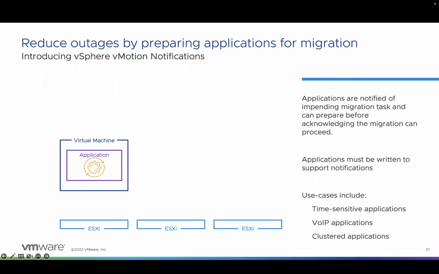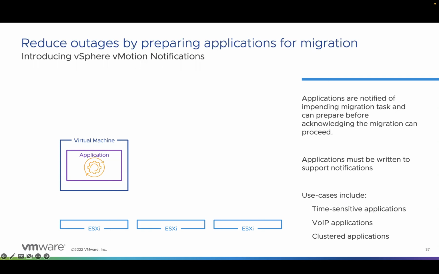You now have X seconds or X minutes to perform whatever work you need to do before the vMotion event actually begins. So the application can delay the start of the migration up until a configured timeout, but it won't be able to completely decline or prevent the migration from occurring.